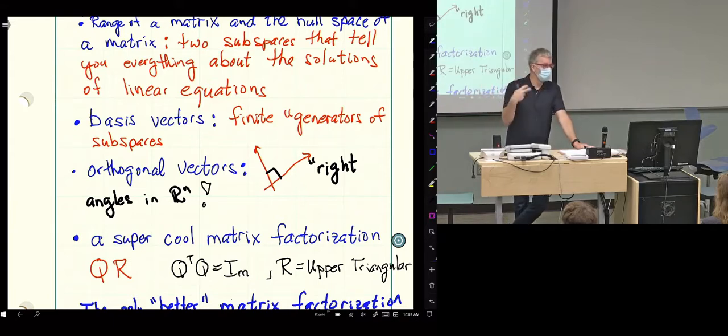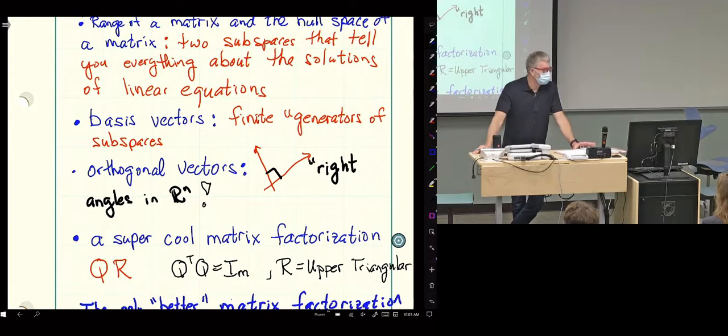There was no linear equation that had precisely two distinct solutions and not an infinity of solutions. So this will be the structure that will show up in these subspaces. So in general, these subspaces are going to have an infinite number of elements in them, and then we're going to figure out how to generate them with a finite set of vectors.